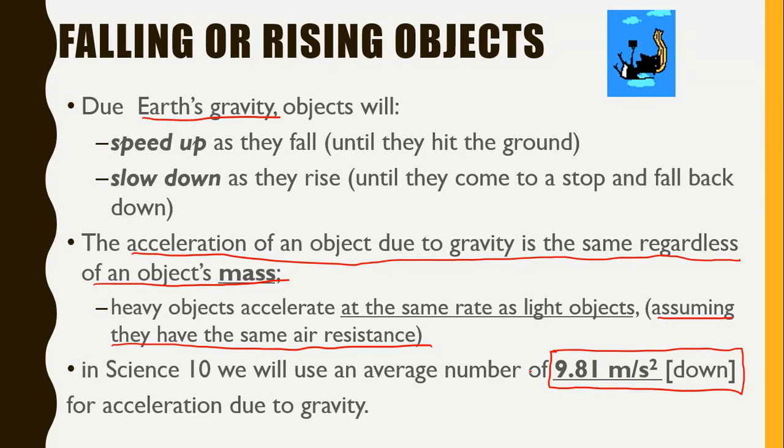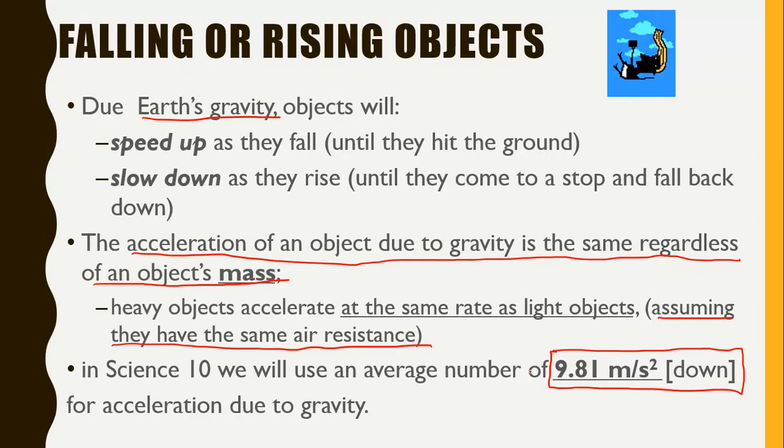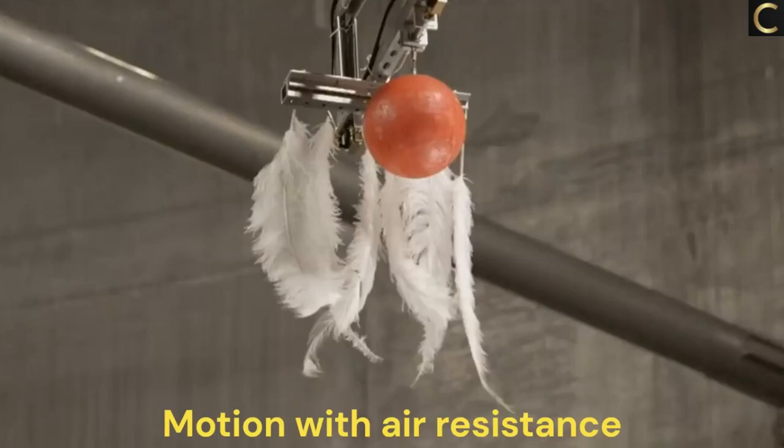So what this means is, if you were to, let's say, jump out of an airplane because you're going to skydive, after the first second of free fall, you're traveling 9.81 meters per second. After the second, you're traveling 19.62 meters per second. You guys get the point, right? Every second, your velocity is going to increase by 9.81 meters per second.